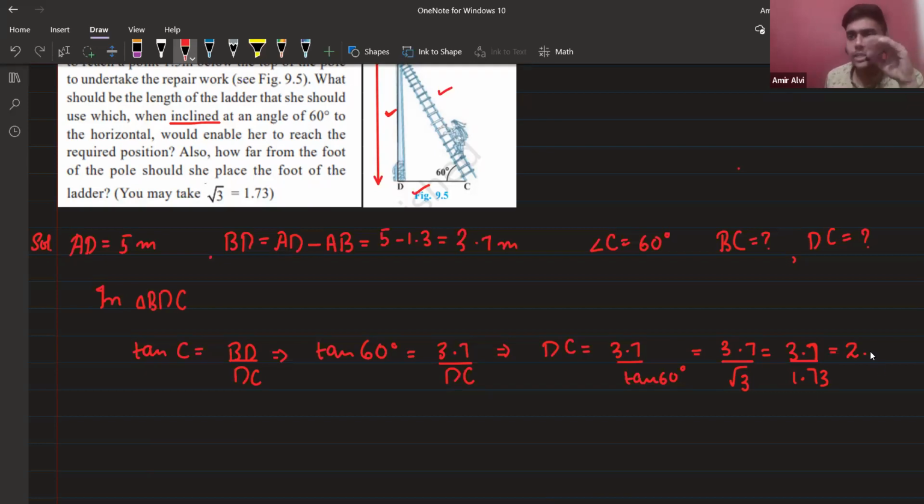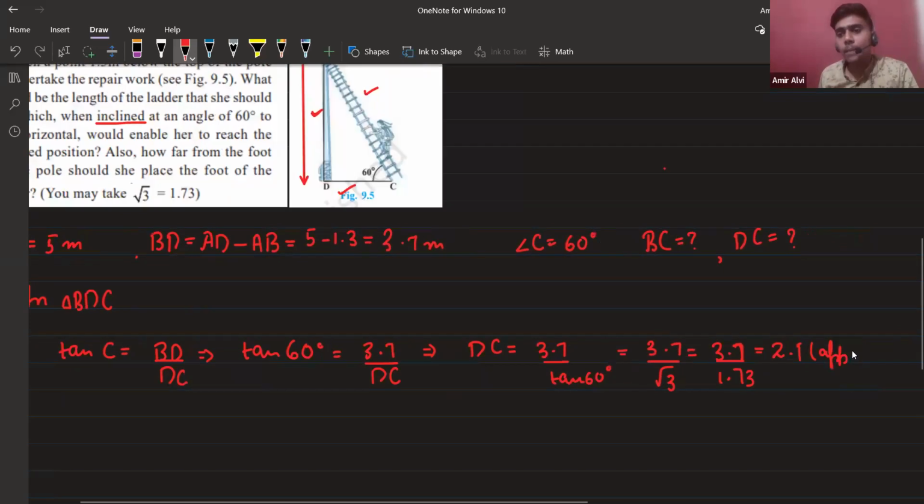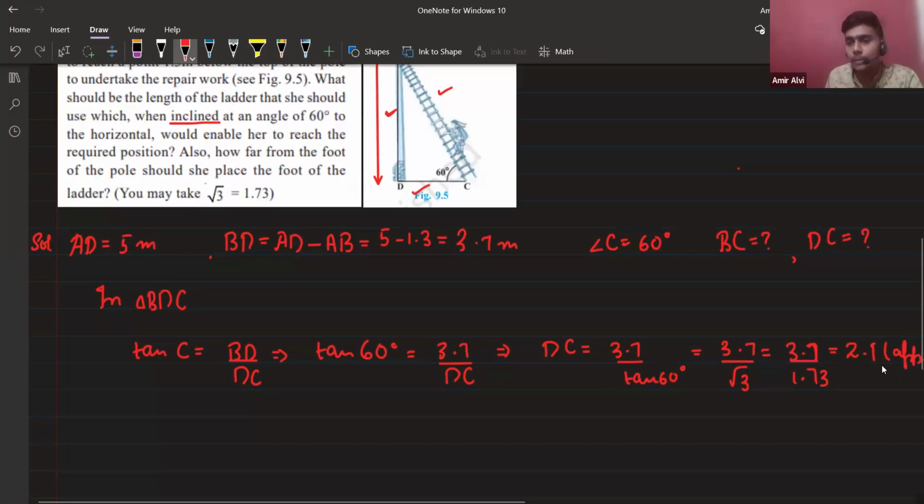So we are saying approximately 2.1. Let's write approx here, because this is a decimal part that will keep going, terminating and non-terminating, and we are not taking that proper thing. So it is approximately 2.1 meter, as the value is given in meter.